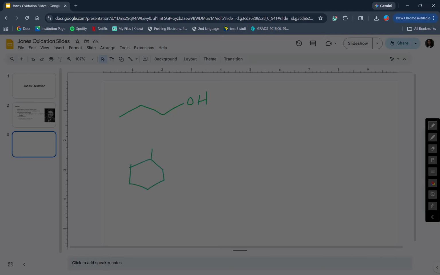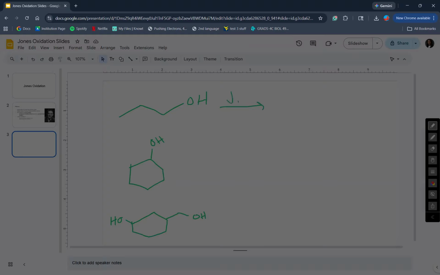Okay, this is our second. And for our third, we will do this, and let's do this. Okay, so what is going to happen when we use Jones reagent for this?